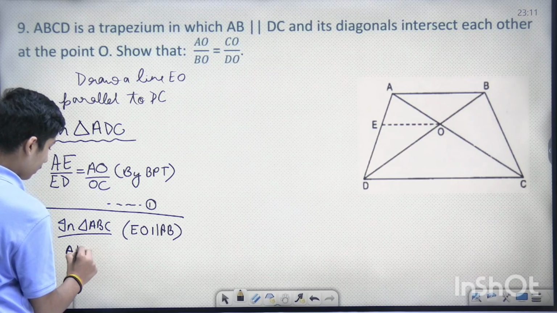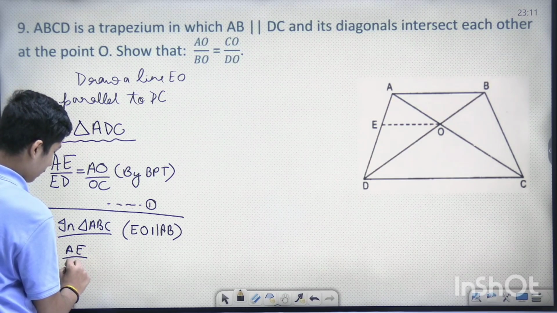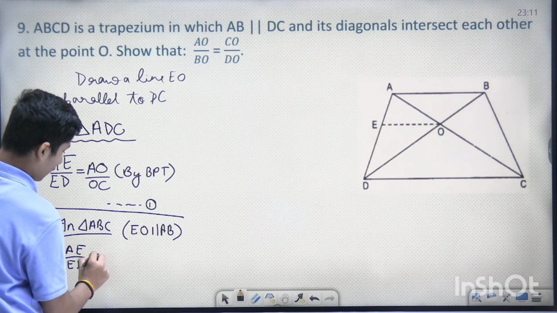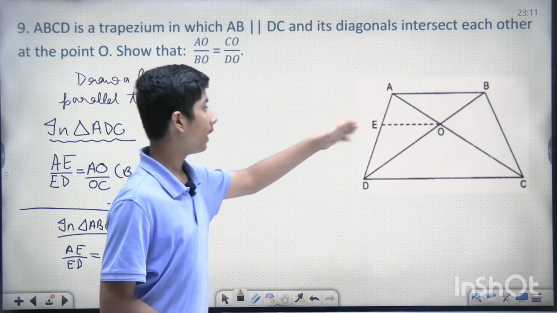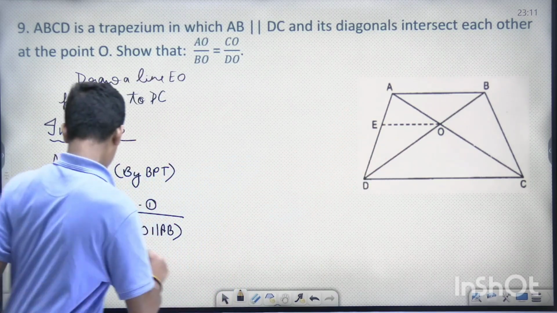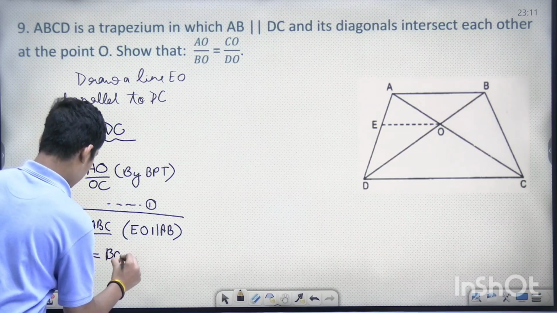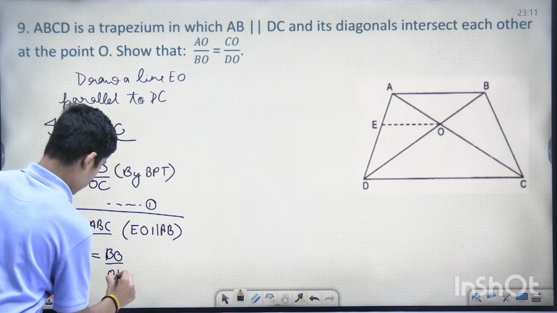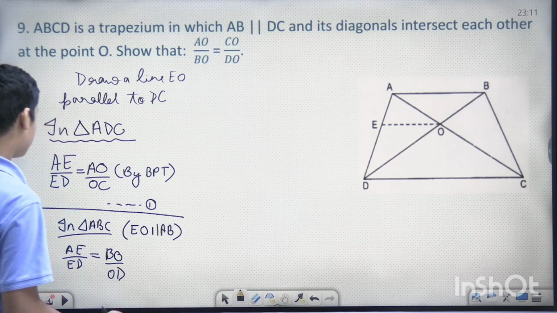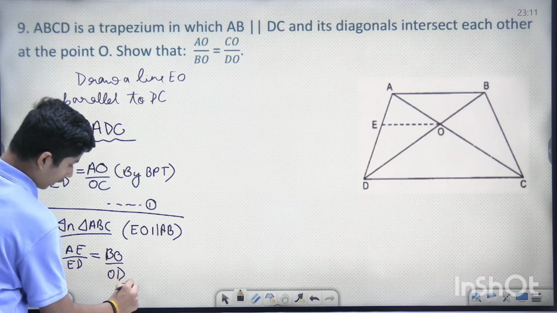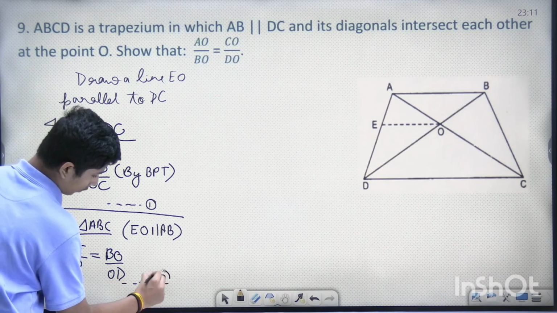AE upon ED equal to BO upon OD. Now this will be equation 2.